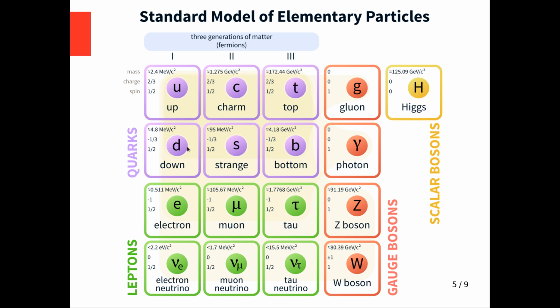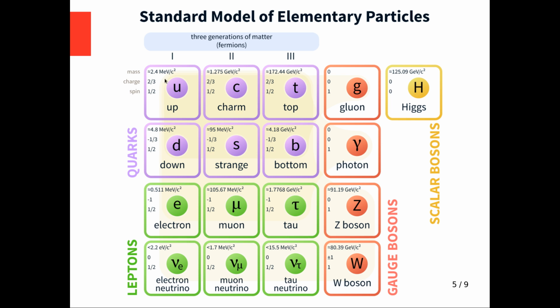Here we have the quarks, and we see that the proton has two up quarks and one down. Fun fact, the plus one electric charge of the proton comes from the sum of the charges of 2 up and 1 down. Let's make this arithmetic operation: 2/3 plus 2/3 is 4/3, minus 1/3 is 1.